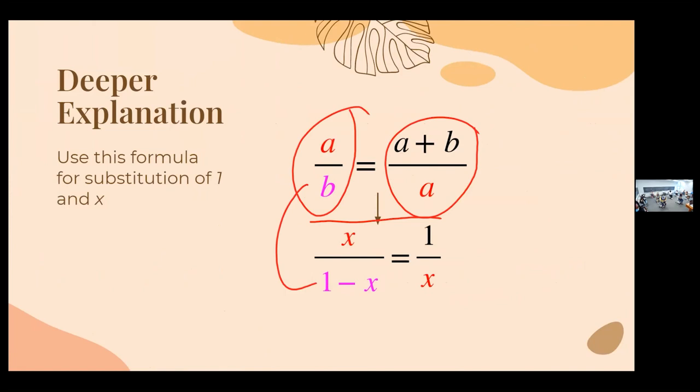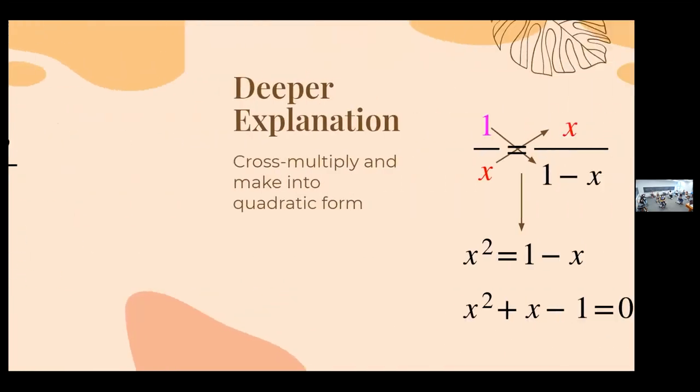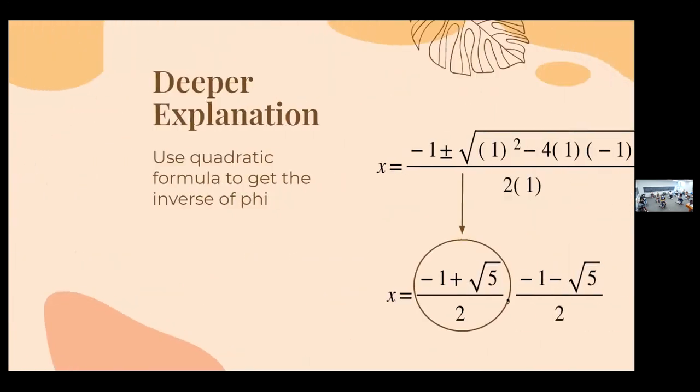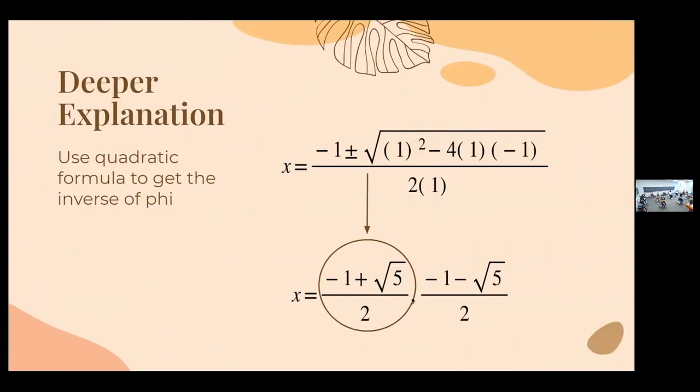We just chose 1. And then we just cross multiply to get the quadratic form, x squared plus x minus 1. We'll then take that quadratic equation, put it into the quadratic formula, and get 2 solutions.